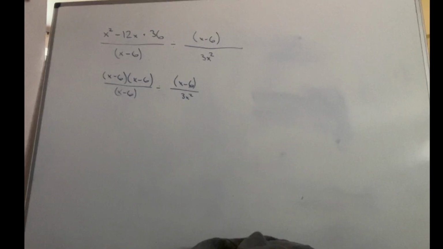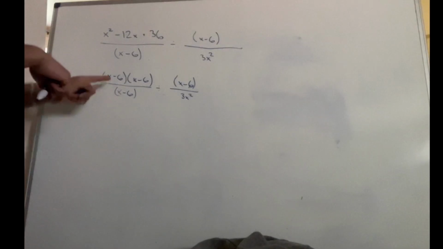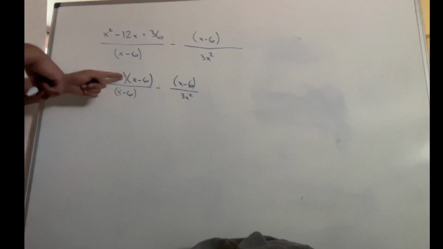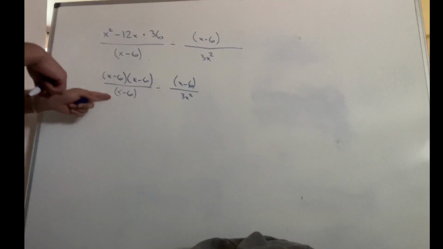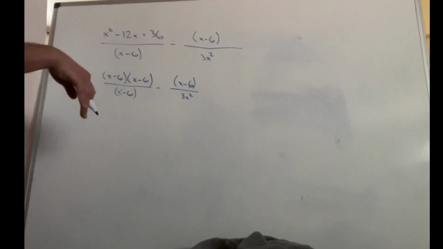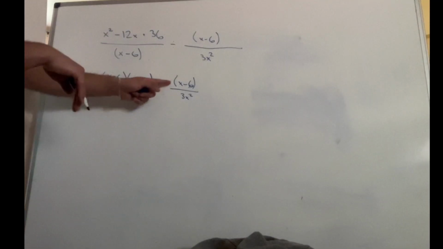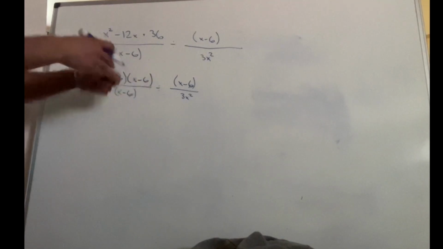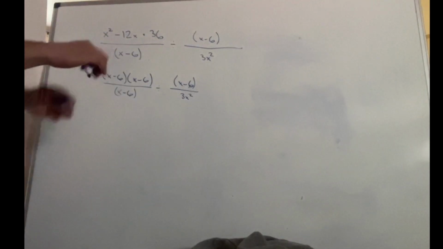There's an x minus 6 applying to the top everywhere here. There's x minus 6 on the bottom everywhere here. We could cancel it out, but let's focus on combining them now, right? We'll touch on that in a second.